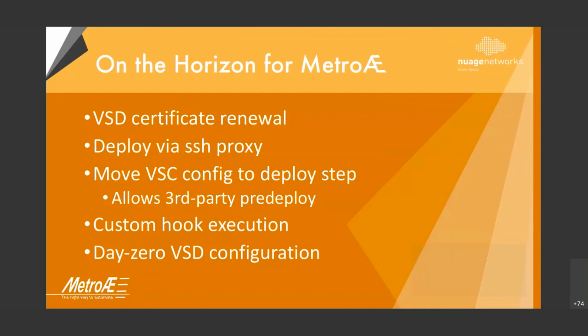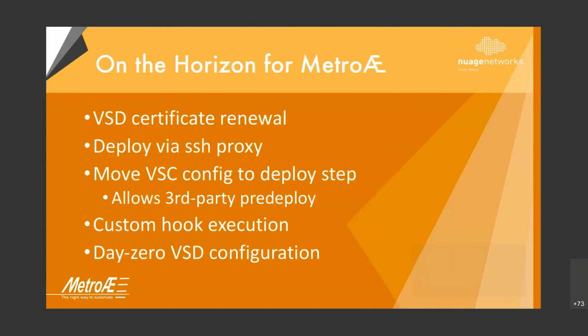In the VSC case, we were doing the config.cfg work in the pre-deploy, which meant a customer who wanted to use a different pre-deploy method, like Terraform, for example, couldn't use our VSC deploy step.